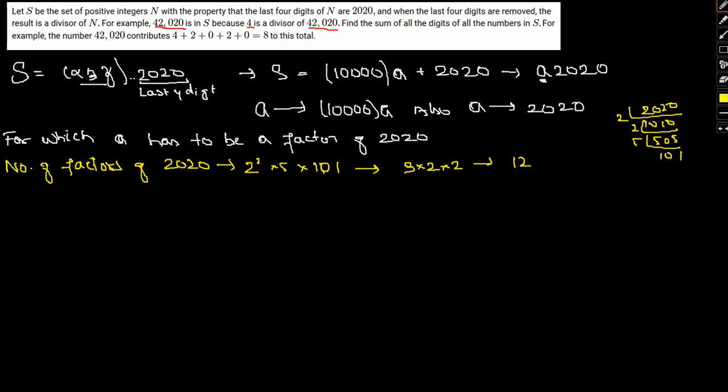Now these 12 factors will each contribute the digit sum of 2 plus 0 plus 2 plus 0. Sorry, my bad: all these 12 numbers will have a sum of 12 into 4, which in turn gives us 48.